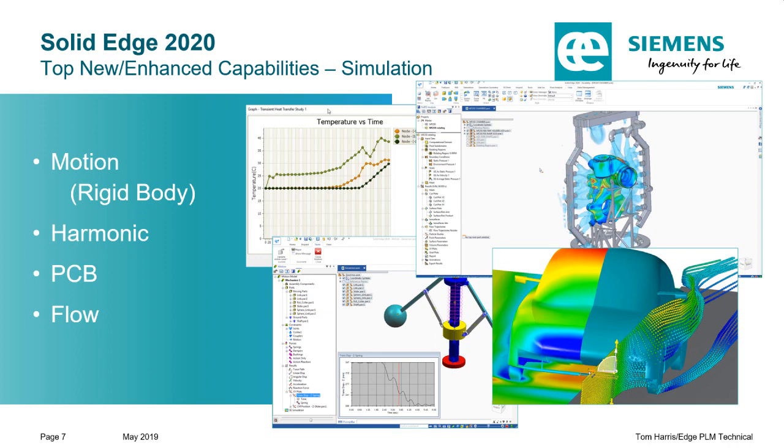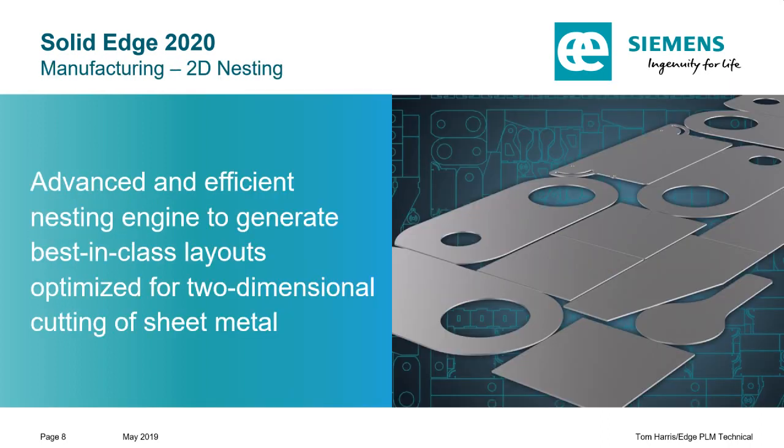PCB analysis, checking out your circuits, wiring drops, all of your typical circuitry analysis tools. And you also have flow, both transient and static flow analysis within Solid Edge now as well. So there's quite a few improvements. Nesting we will get onto shortly.